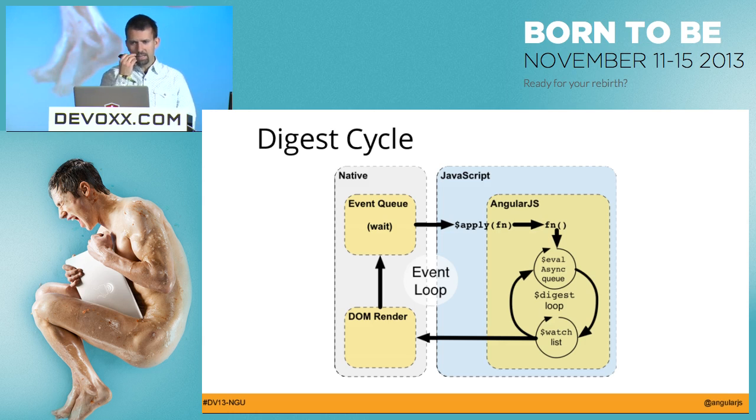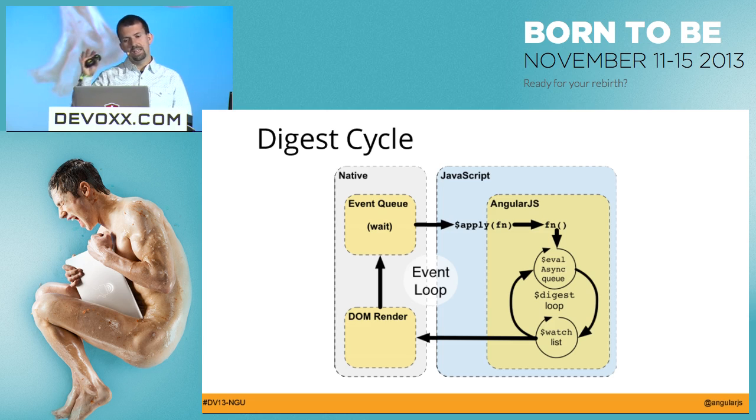Now, it would be ideal if we could somehow automatically just run the dirty checking at the end of the VM, but there's no such API, and so therefore we have to detect this particular condition. And the way we detect this particular condition is just like native code has an event queue and calls into a VM, what we set up inside of JavaScript is almost like a VM inside of a VM.